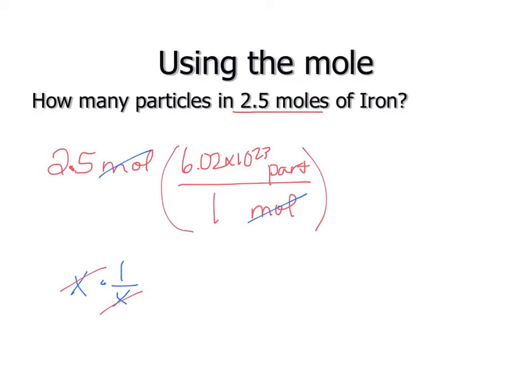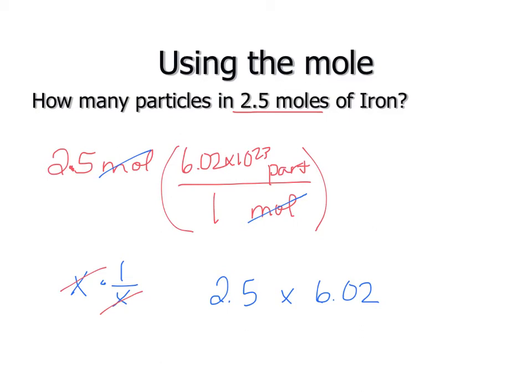So when you're calculating this, you're going to type in 2.5 times 6.02, and your calculator should have some sort of button to replace the times 10. On some calculators, usually it's an E. Some calculators, it's 2 E's. They're capitalized.